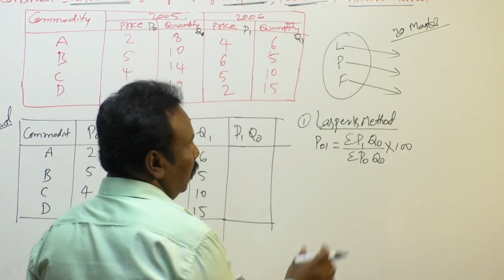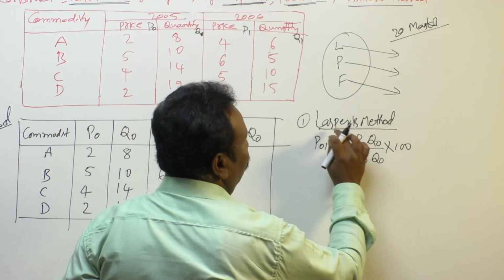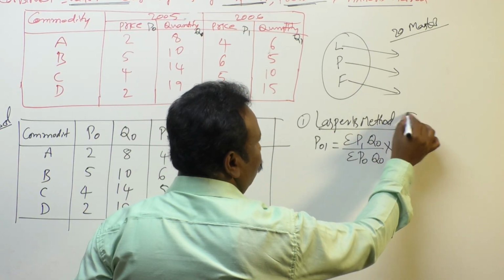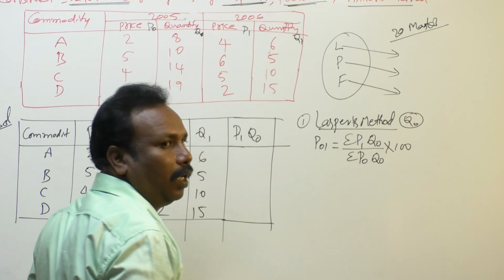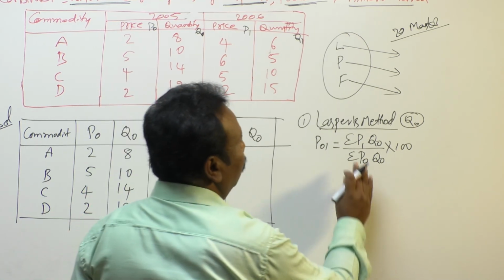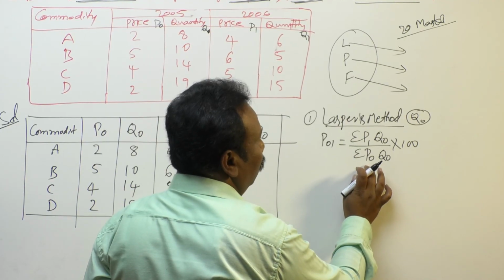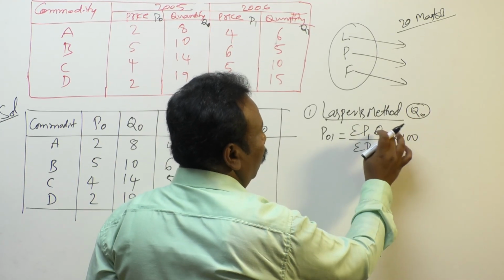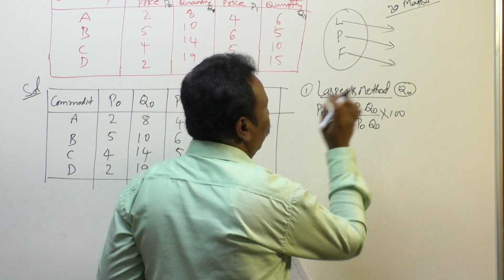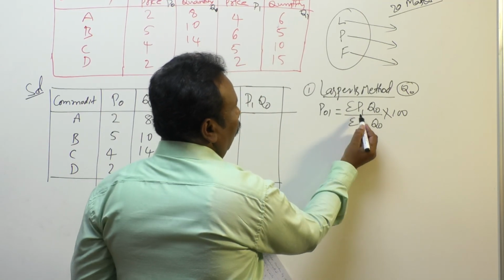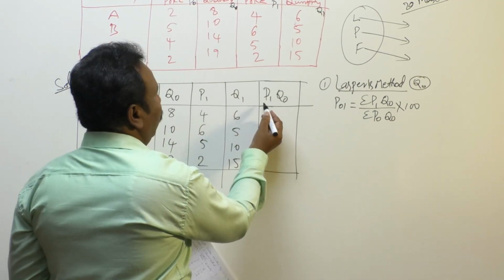As I already mentioned, Laspeyres' gives importance to Q0, so we focus on the base year quantity. Therefore the index number is P1 divided by P0, multiplied by Q0 divided by Q0, into 100. So we have to calculate P1 Q0.